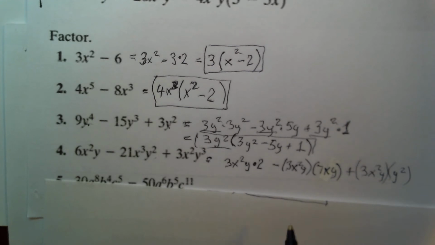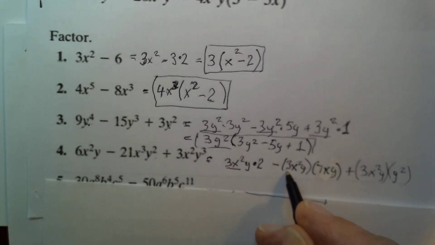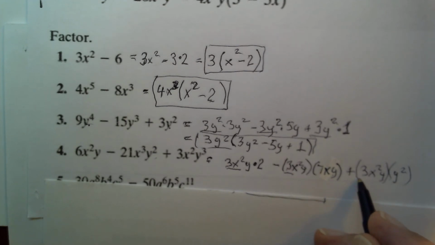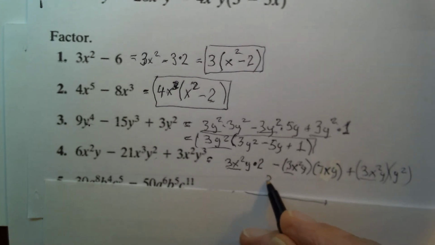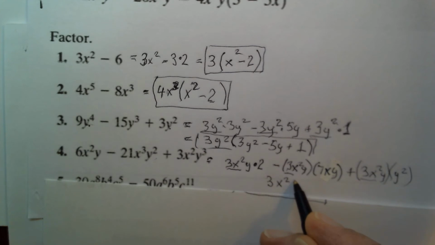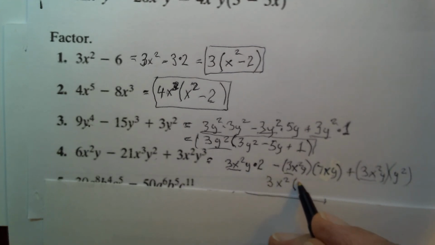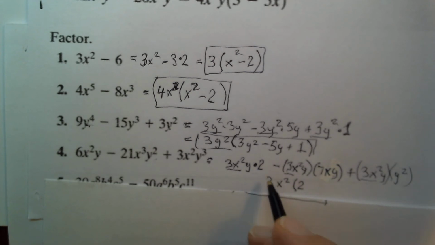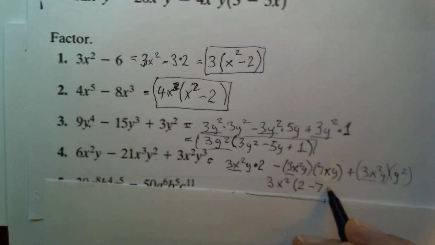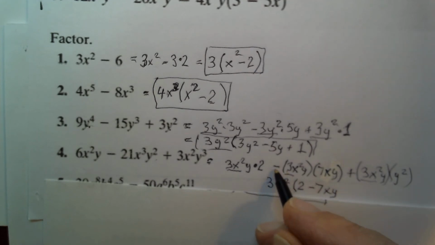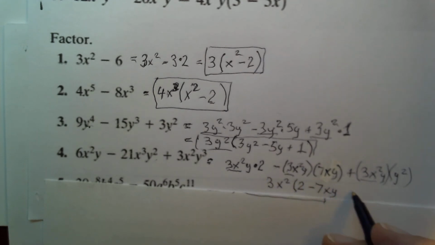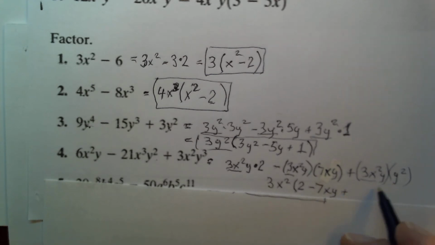So then our final answer is when we take the greatest common factor of 3x squared y, it becomes 3x squared y, parentheses, 2, that's this 2 here, minus 7xy, and then plus y squared.